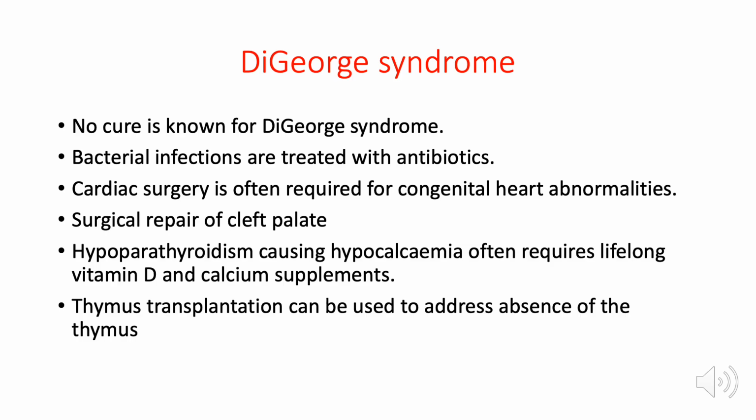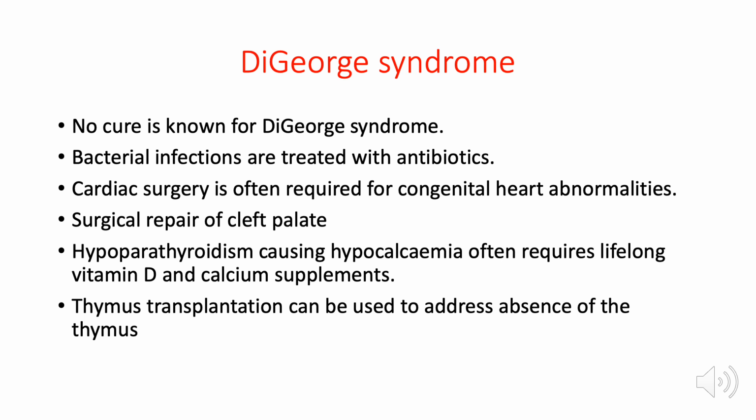As of this moment, there is no known cure for DiGeorge syndrome. What the doctors can do is to manage bacterial infections with antibiotics, subject the patient to surgery to repair cleft palate and congenital heart abnormalities, and then monitor the blood or serum calcium level and always give the patient calcium supplements because you know very well that the patient has hypoparathyroidism and the consequence of that is what?